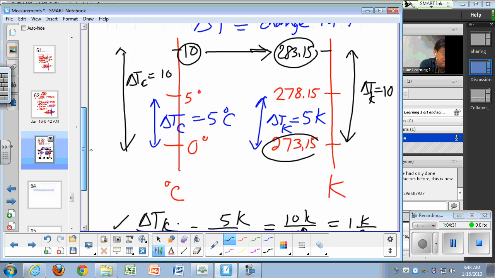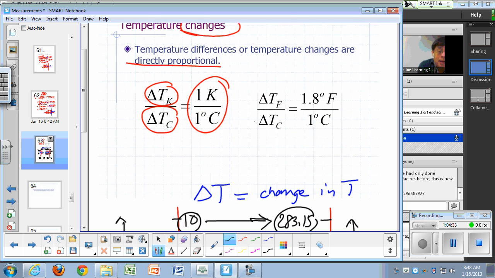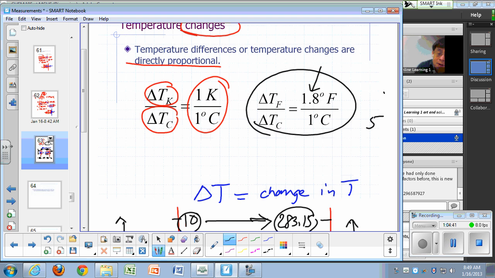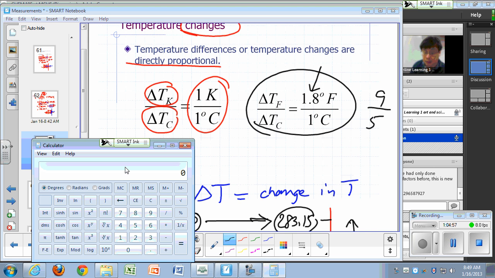Same thing with Fahrenheit and Celsius, okay? And that's where that 1.8 in the formula comes from. Every time your Celsius reading changes by 5, your Fahrenheit reading changes by 9. 9 over 5 is the same thing as 1.8 over 1. If you plug that into your calculator, 9 divided by 5 is 1.8.